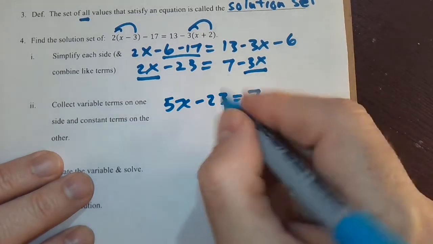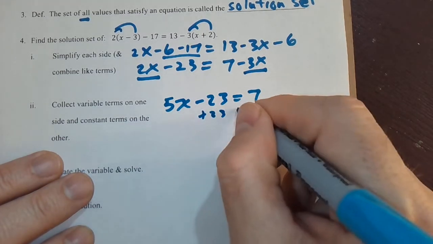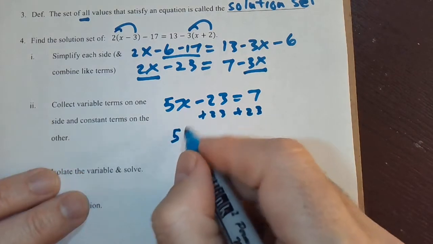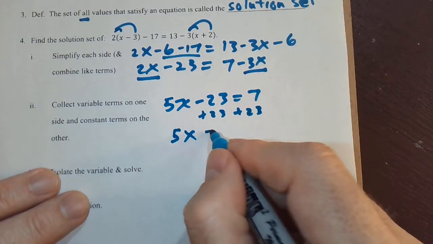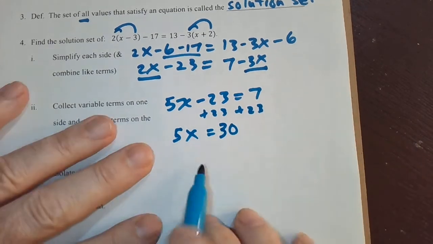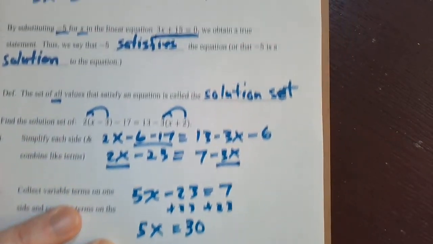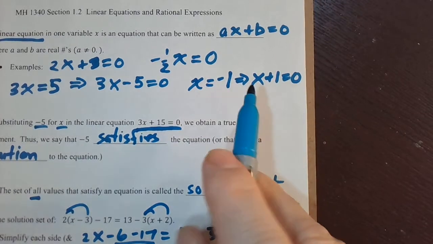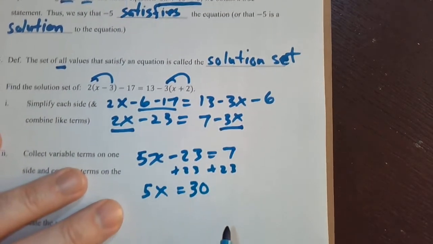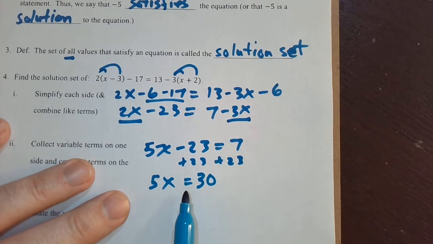So adding 23 to both sides would give us 5x equals 7 and 23 is 30. Now we almost have this in that form that we talked about earlier, ax plus b equals 0. If I subtracted 30 from both sides, I'd have a equal to 5, and the minus 30 would be the b, and we would have a 0 on the right-hand side.